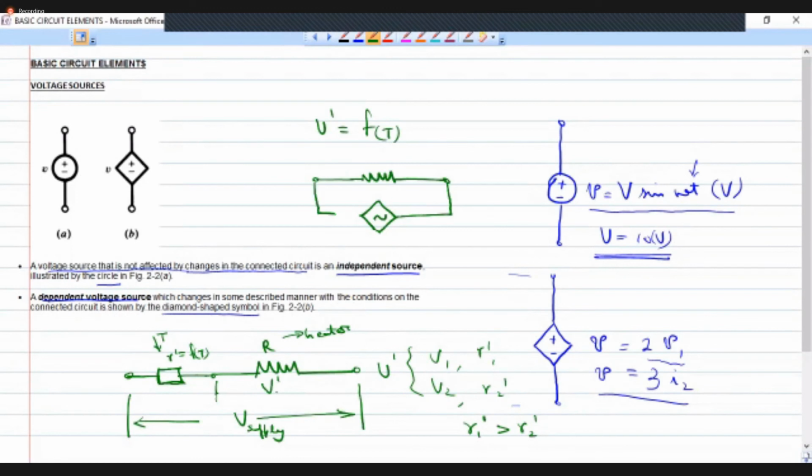Now this is replaced by this voltage source, where V dash is some function of the outside temperature or the temperature difference. Understood? Yes, sir. Thank you. So we are representing this voltage V dash by this diamond symbol to represent a voltage that depends on some other parameter, in this case the temperature.